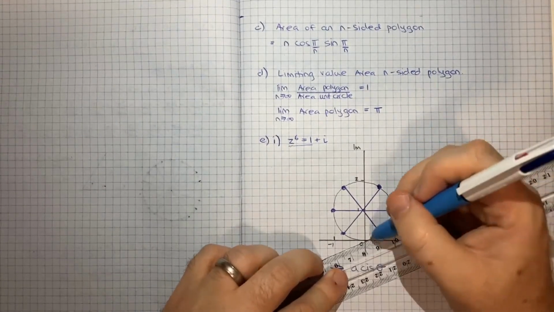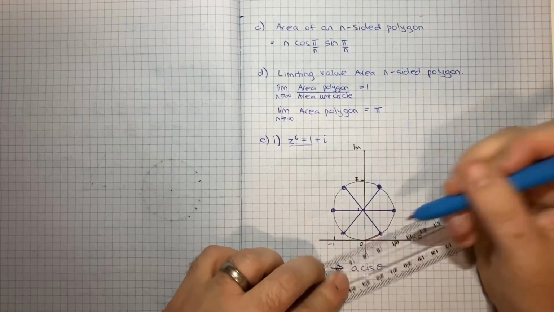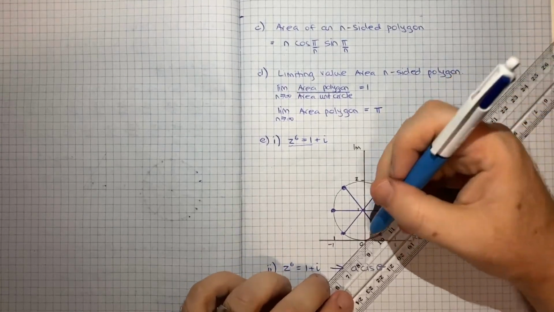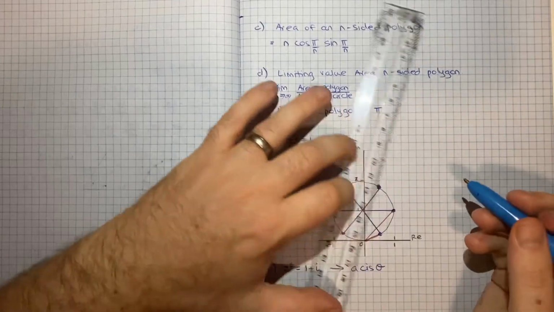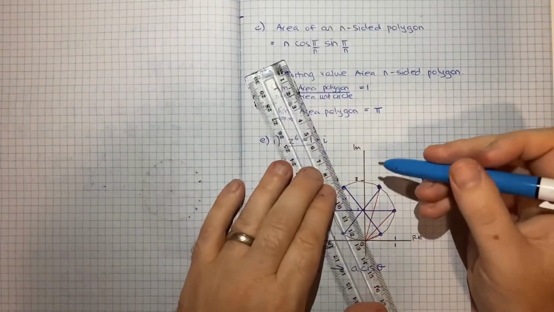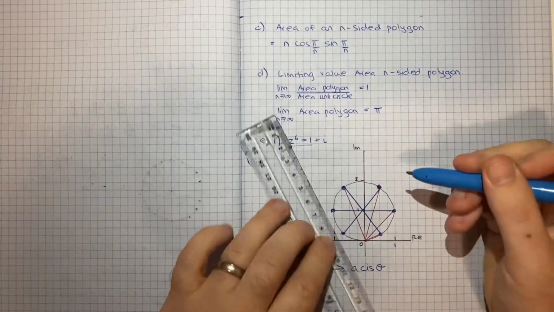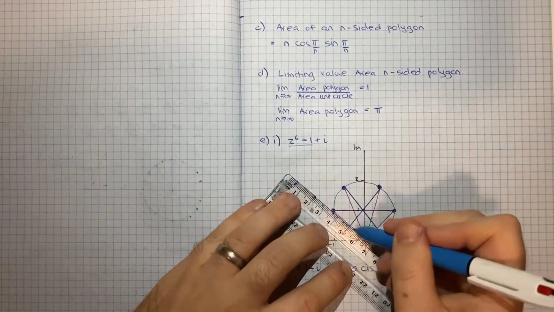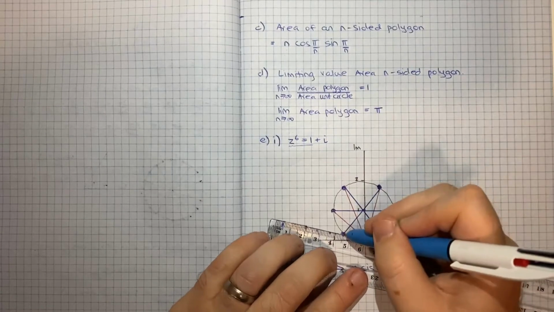For the first solution, it'll be that line. Second solution, it will be this line. Third solution, this line. Then this line, then this line, and then this line.